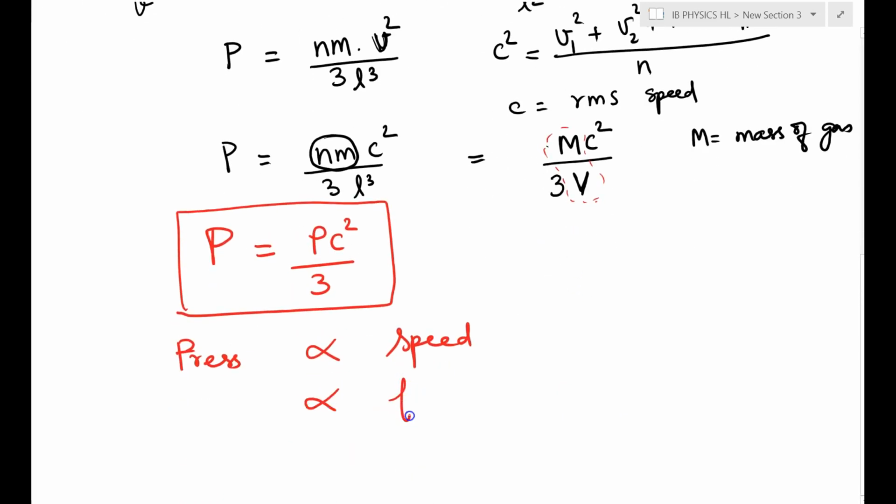And it is also going to depend on the frequency of collisions, because the rate of change of momentum is going to be more if the collisions happen much more frequently. So the pressure exerted by any gas is directly proportional to the speed of the colliding molecules and the frequency of collisions.